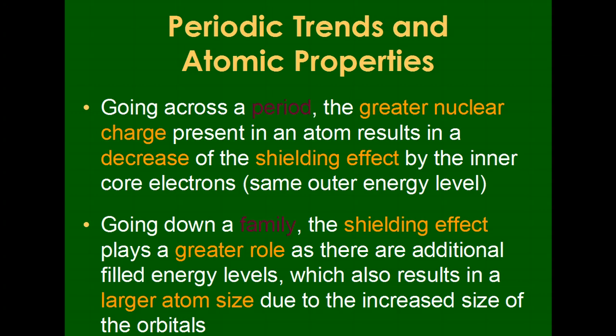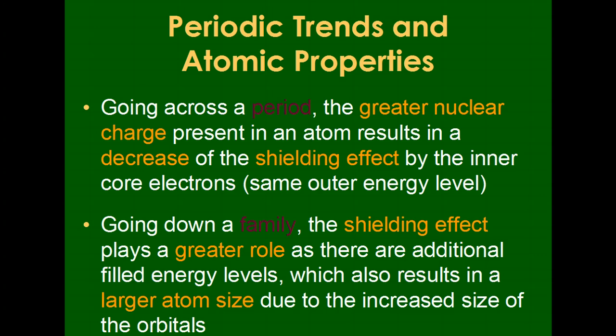As we go down a group or family, we are adding layers of filled electrons. We're filling up our energy levels or shells. And the shielding effect becomes the dominant factor in determining our trends.